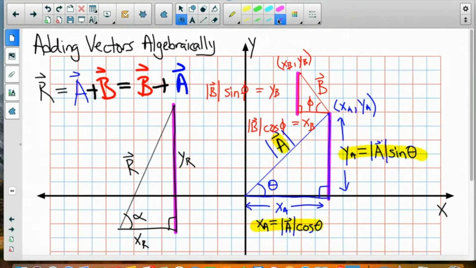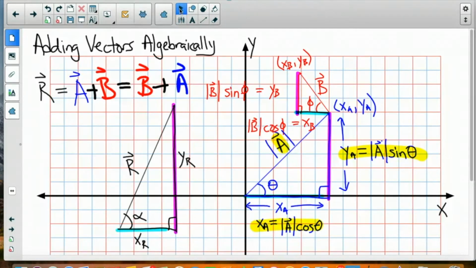And if I add this length here, xa, and this length here, xb, which is moving in the opposite direction so it should be like a negative, I get this length here, xr.